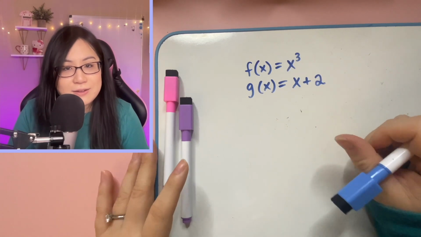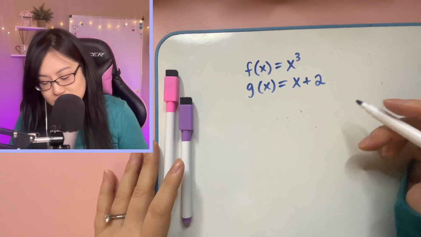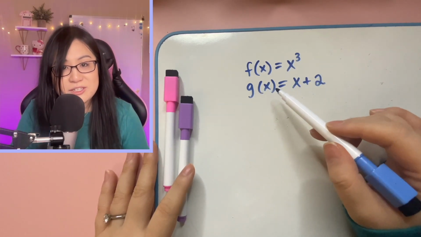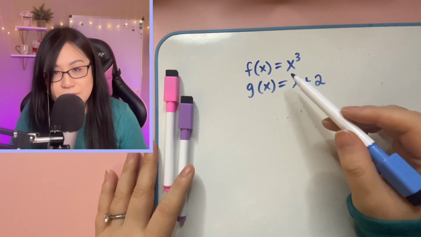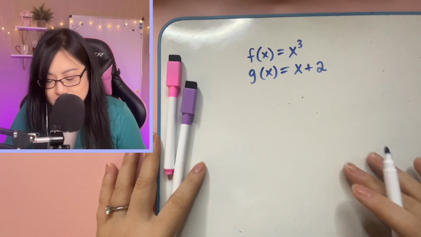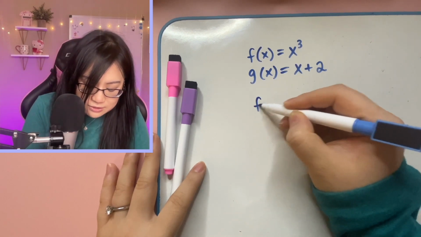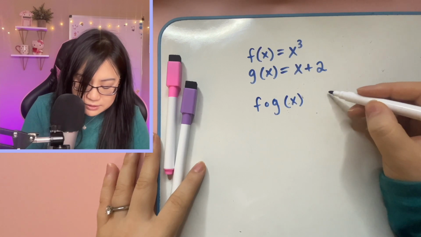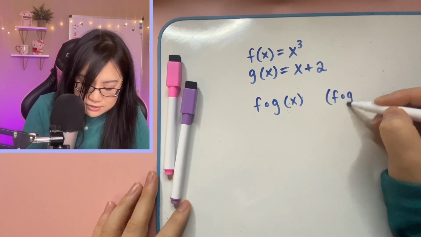So the idea of composing two functions, like we said, is to take one function and put it as an input into the other function. So usually, notation-wise, you'll see something like this. Perhaps something like this.